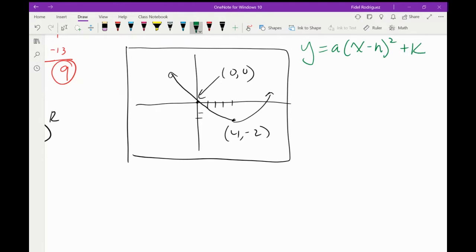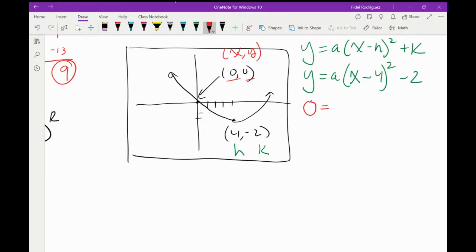Okay, so what I'm going to do here, guys, is use this form, y equals a(x minus h) squared plus k. So remember, here's my h and here's my k, right? So y equals a(x minus 4) squared, and k is -2. Remember, the point on our graph is 0, 0, so y is 0 and x is also 0.